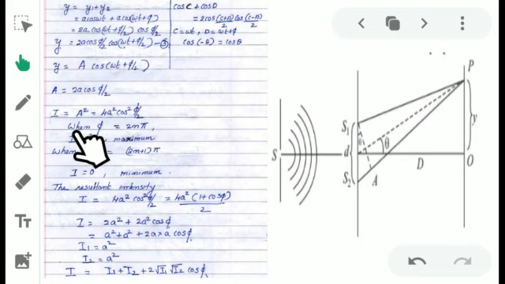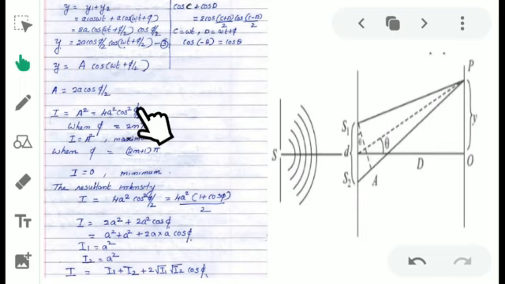Now when phi is equal to 2n pi, that is, phi is equal to 0, then what do we get? Cos 0 is equal to 1, so we get 4A square. Then phi is equal to 2n pi, with n equal to 1, then it will be 2 pi.